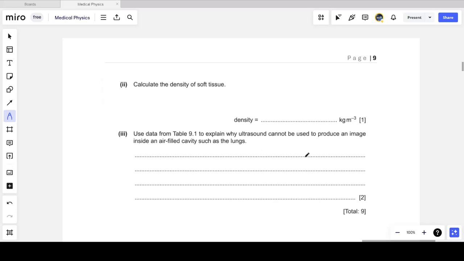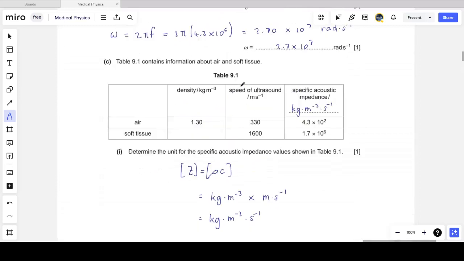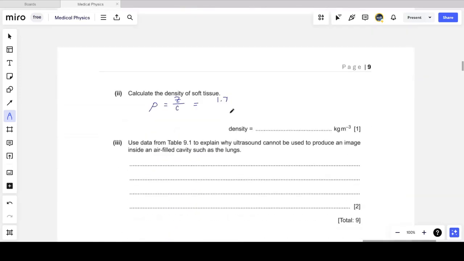We are then asked to calculate the density of soft tissue. Now the density is not difficult because I used the equation previously, and rho is the specific acoustic impedance of sound in soft tissue, Z, over the speed of sound in that medium, C. And I can take my values from the table, Z being 1.7 times 10 to the power 6.